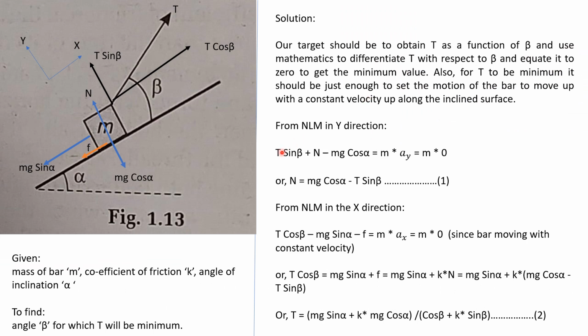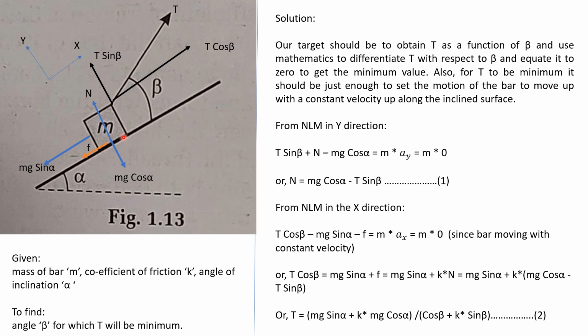So let us solve this question. We should make the diagram and show all the forces acting on the bar. The component of the gravitational pull along the inclined plane is mg sine alpha. Perpendicular to the inclined plane is mg cos alpha.